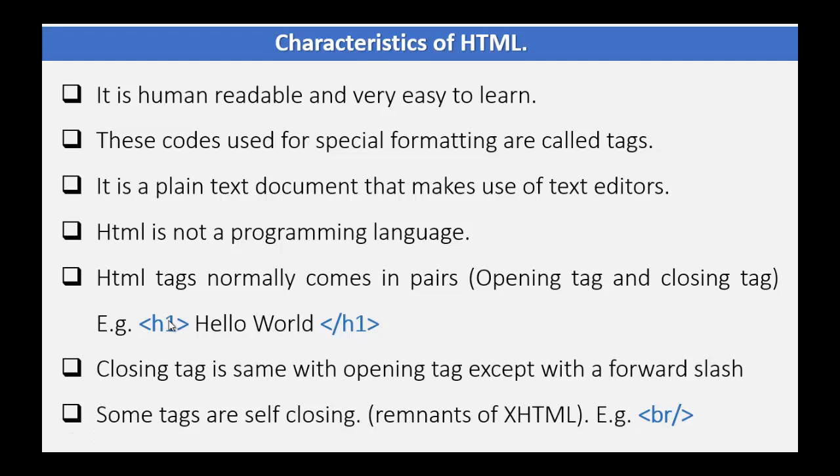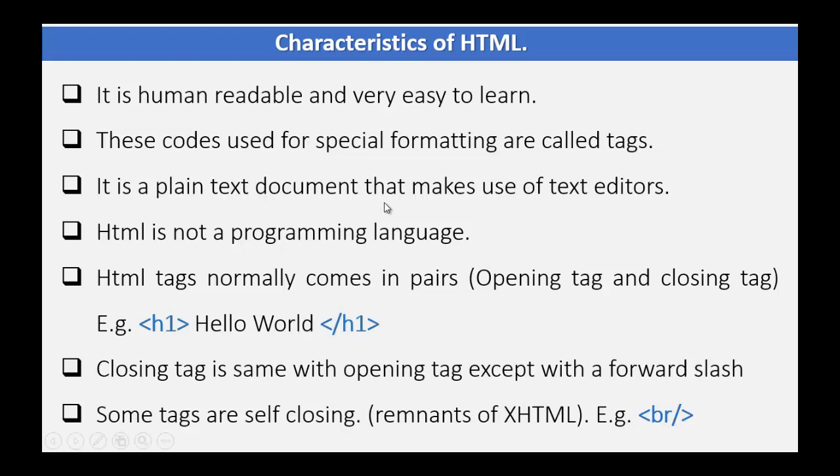It's not like programming languages that contain some static words like void, static, and some other things. This one is very easy and straightforward to learn. So these codes we use for the special formatting are actually called tags. This opening H1 and closing H1 here, you call them tags.